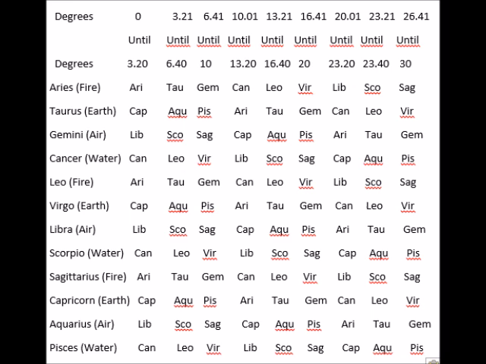So as you see on the screen in front of you, the zodiac sign Aries is represented by the fire element.